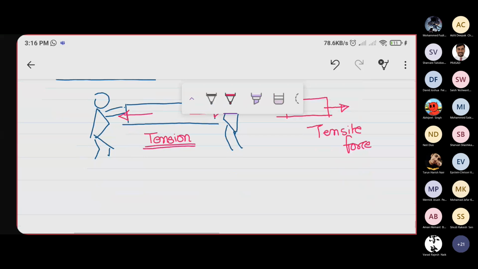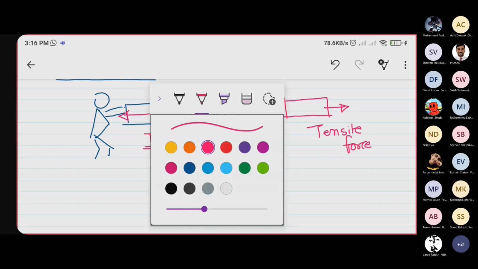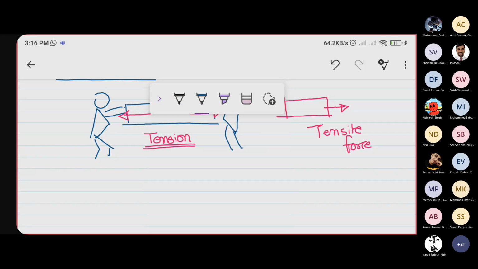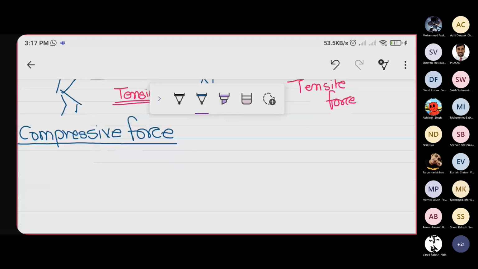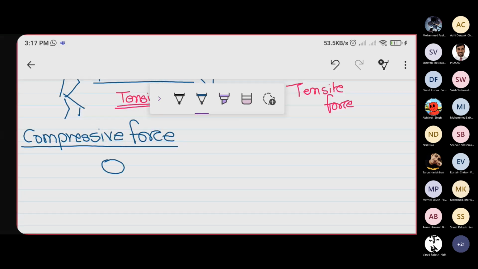Now the next type of force is called a compressive force. What is meant by compressive? On a similar basis we can write.